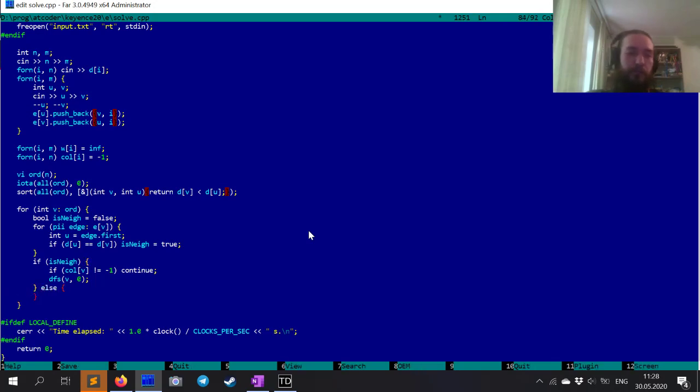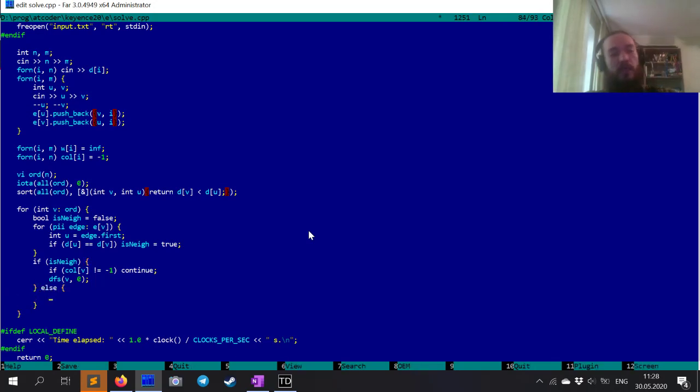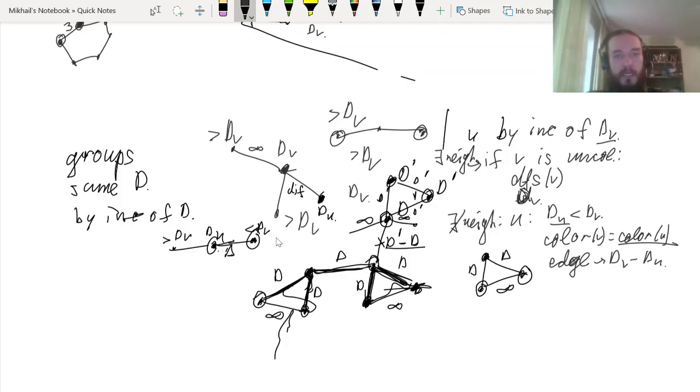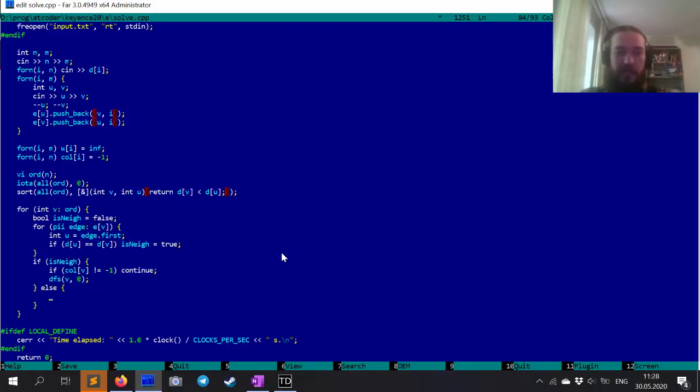Otherwise, if there is not a neighbor, then we want to look for an adjacent neighbor. Like this case, you probably can't follow this, but we're looking for a neighbor with a smaller marking.